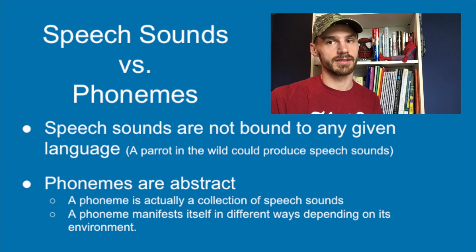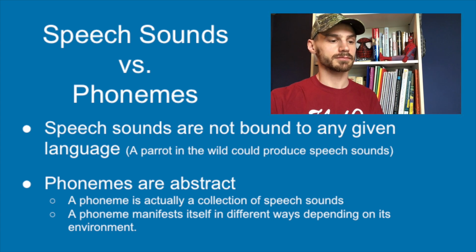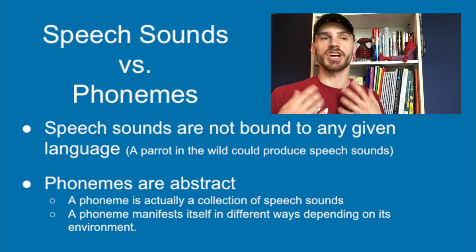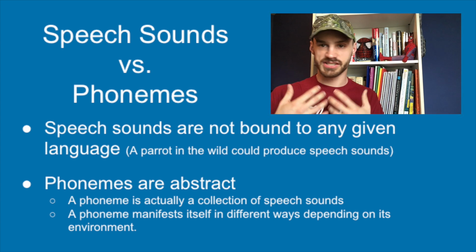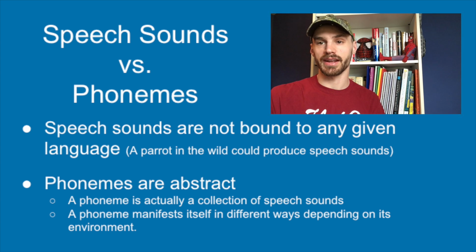We also need to make the difference between a speech sound and a phoneme. A speech sound is not bound to any given language. It's just a sound wave that is produced in the mouth. So like I said, a parrot in the wild could produce a speech sound, even though they don't speak any given language.